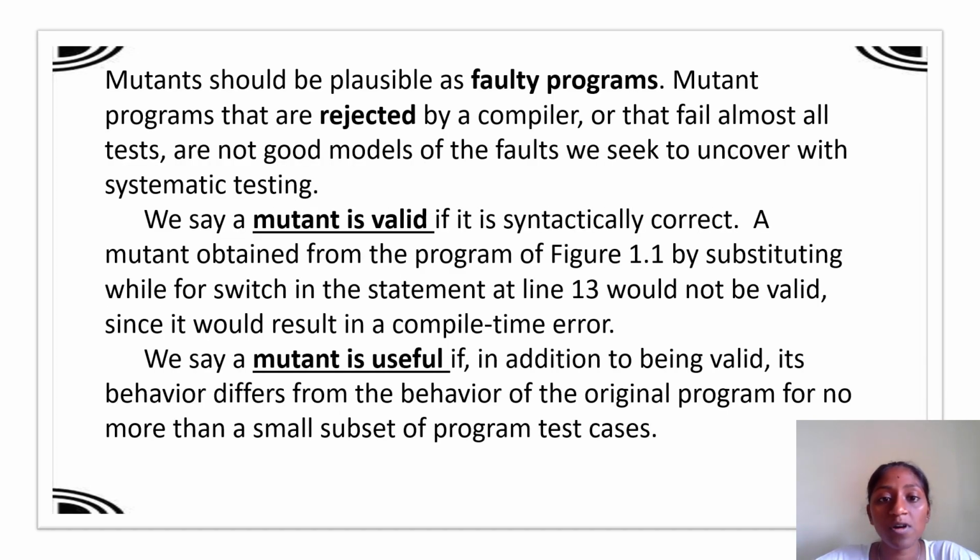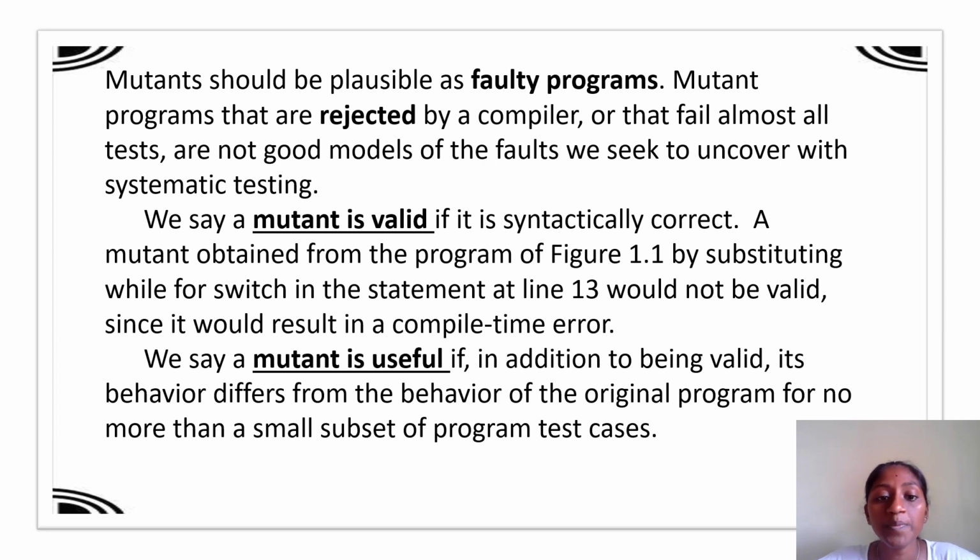Mutants should be plausible as faulty programs. A fault model is an engineering model of something that could go wrong in the construction or the operation of a piece of equipment. Mutant programs that are rejected by a compiler or that fail almost all the tests are not good models of the faults we seek to uncover with systematic testing.